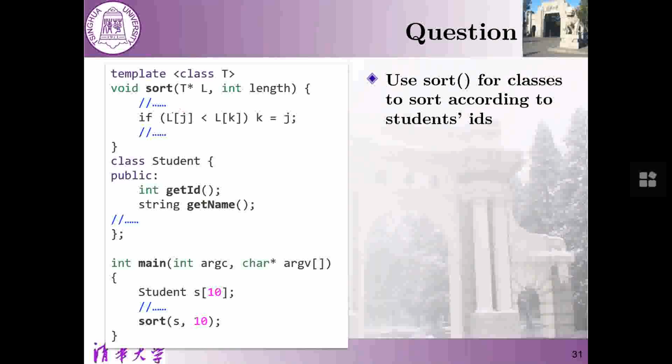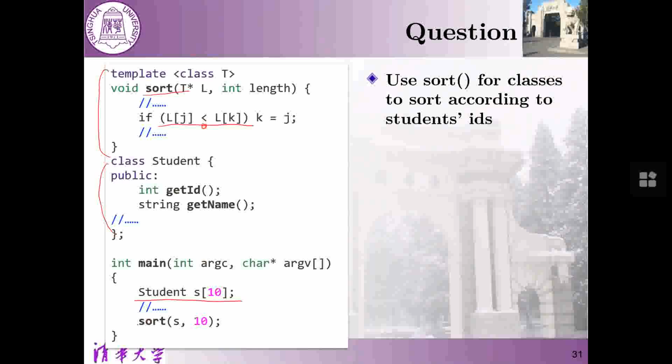There's another question. Using our previous sorting function, the template sort, we use this comparison operator to compare different elements in the array. If we want to sort students, what will happen? Now we have 10 students, and we want to sort the students, right?